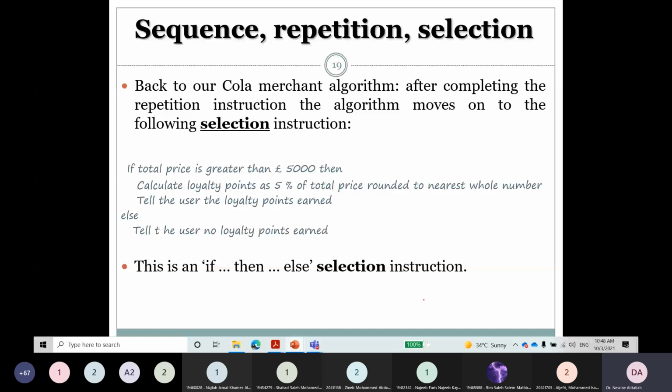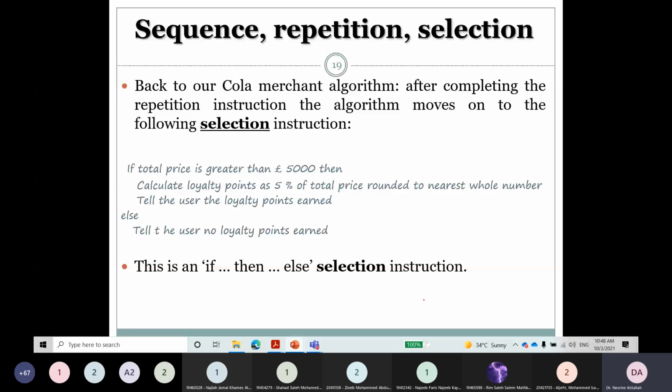This selection part starts by considering the condition: total price is greater than 5,000 pounds. If the condition holds, then the if part, the first indented sequence of the selection, is carried out, and the algorithm moves on below the selection instruction and, in this case, stops.